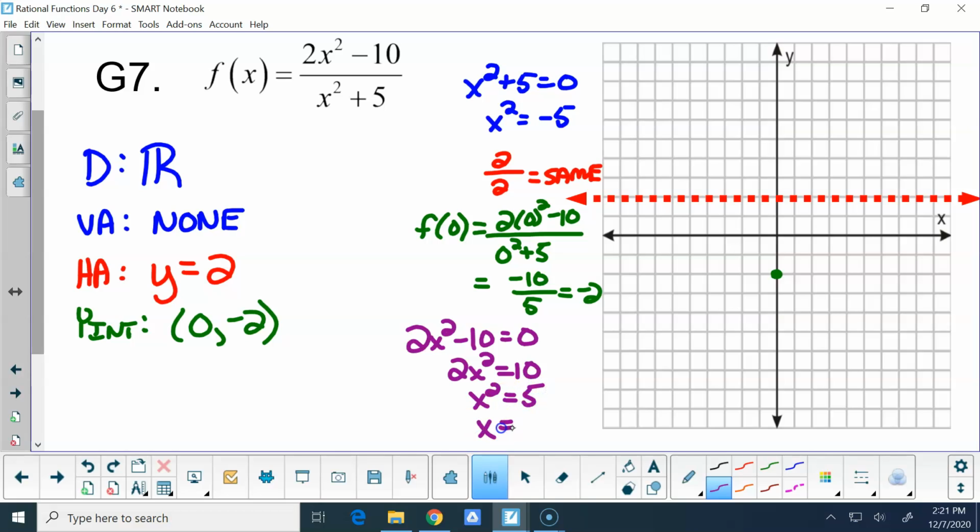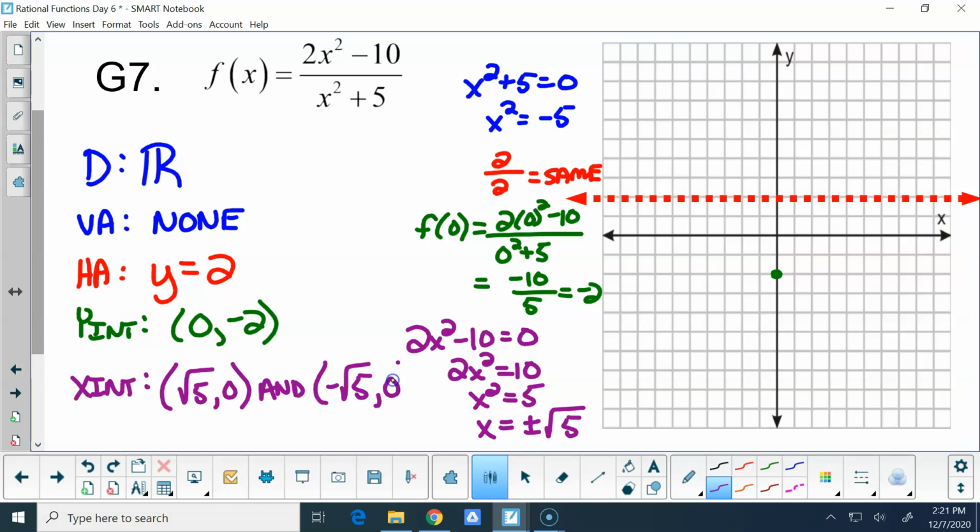So x would equal plus or minus the square root of 5. Love it. So my x-intercepts are at (square root of 5, 0) and (negative square root of 5, 0). Square root of 5 is just a little bit more than 2. There and there.